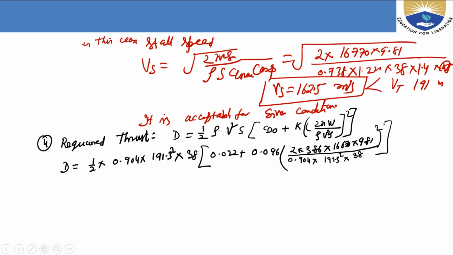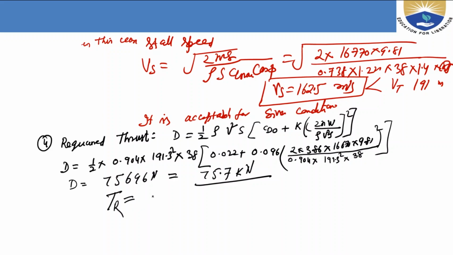So now we will get the drag equal to 75696 Newton, or 75.7 kilonewton. And this is equal to thrust. So the required thrust is 75.7 kilonewton. So this is another answer.